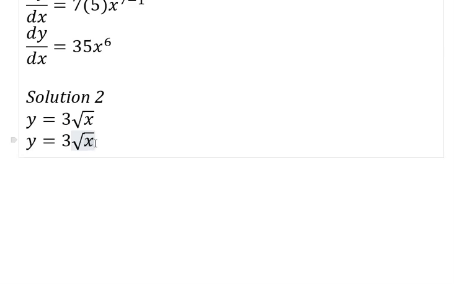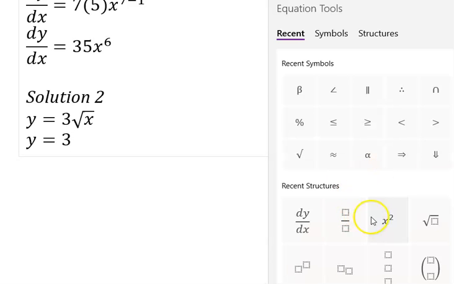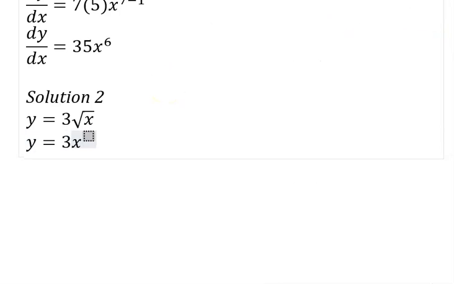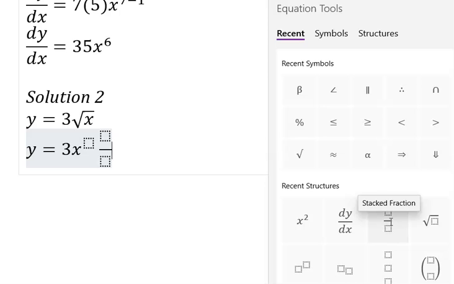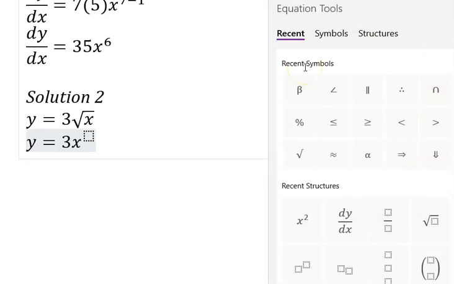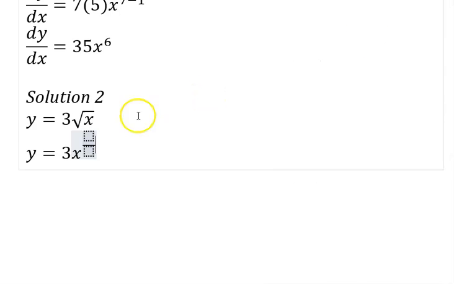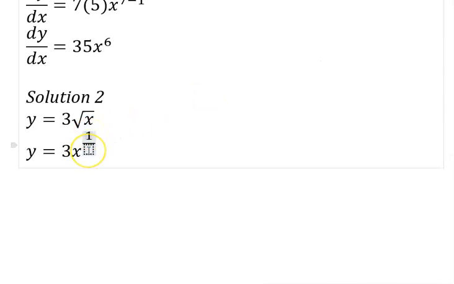It's still the same thing. So this is still the same as something of this nature. So your 3 square root of x is still the same thing as 3x raised to power 1 over 2.